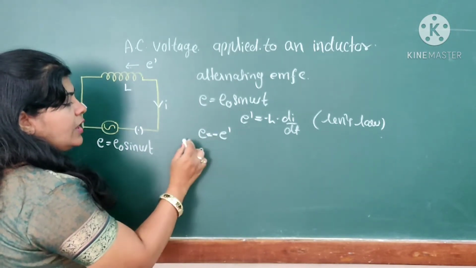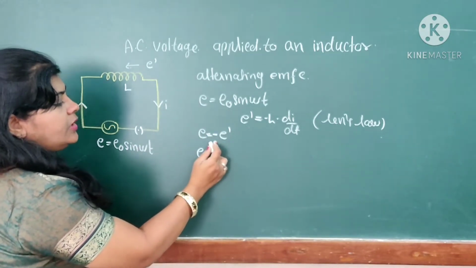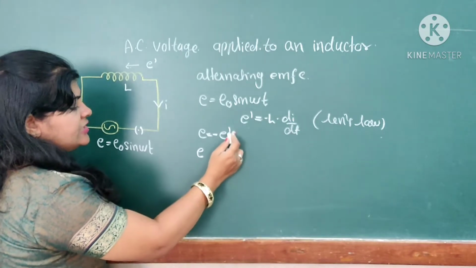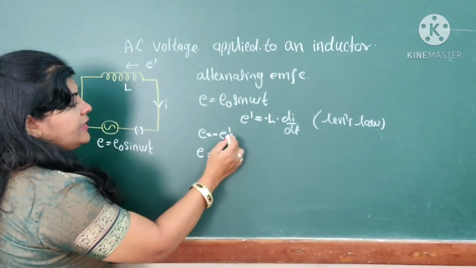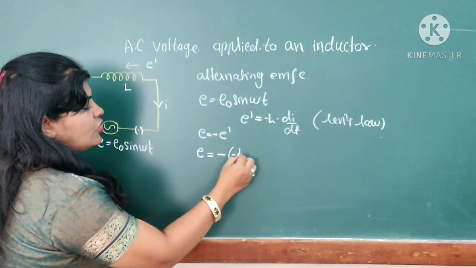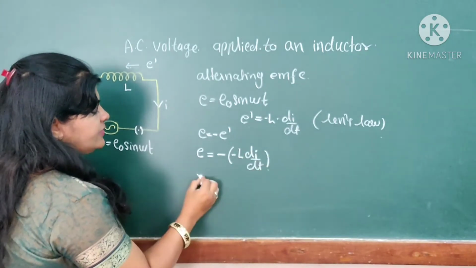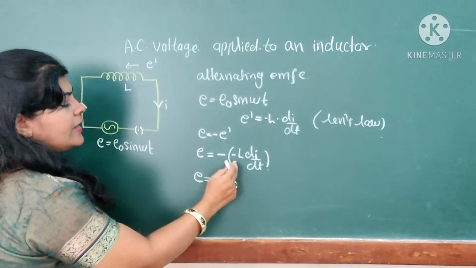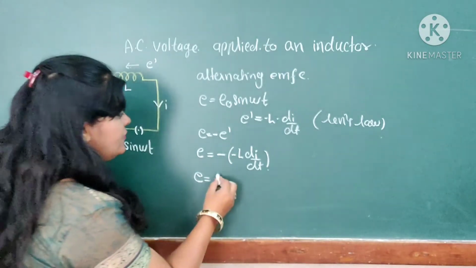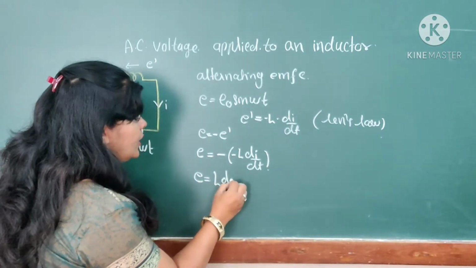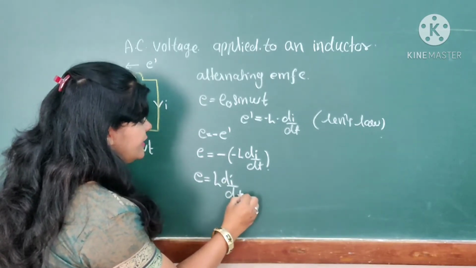Therefore, the applied EMF E is equal to minus E dash. Substituting the value of E dash, which is minus L di by dt, the equation becomes E = L di/dt, since minus becomes plus.